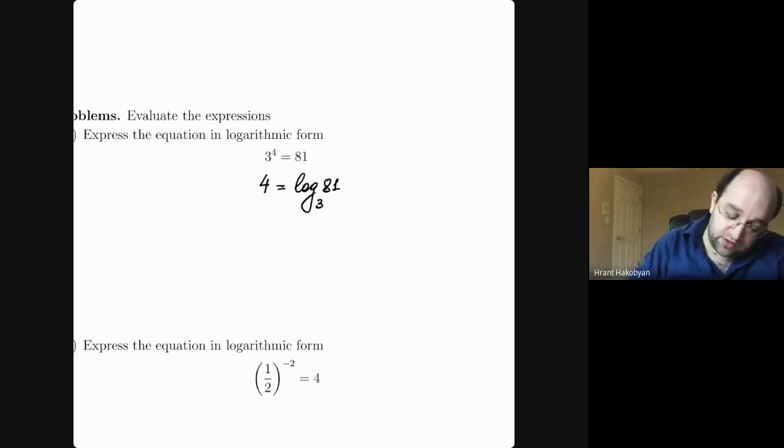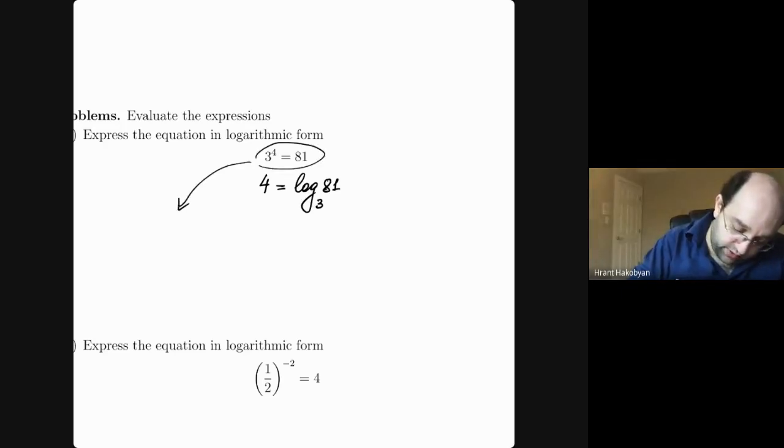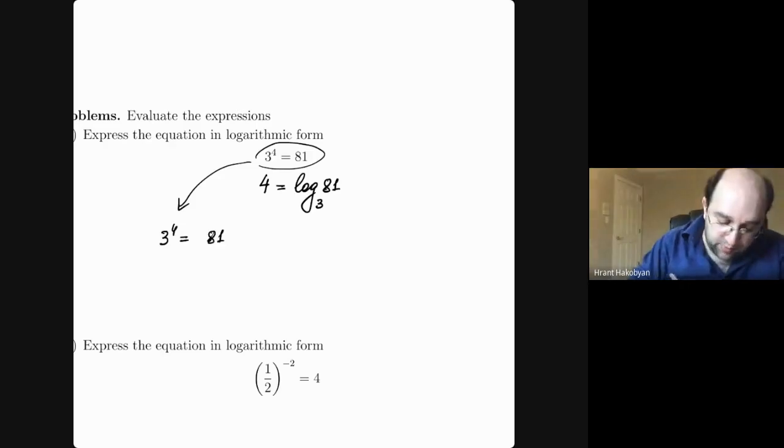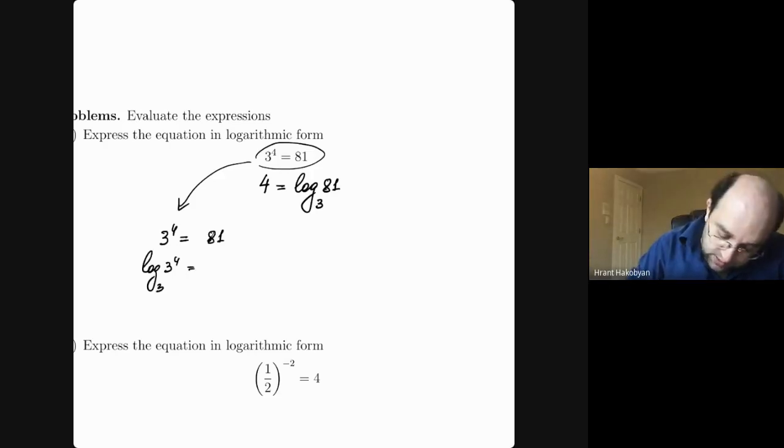Let me deduce this differently. Let's start with this again: 3 to power 4 is equal to 81. Then I'm going to take logarithm of both sides. So I'm going to write logarithm of 3 to power 4, with base 3, equals logarithm with base 3 of 81.